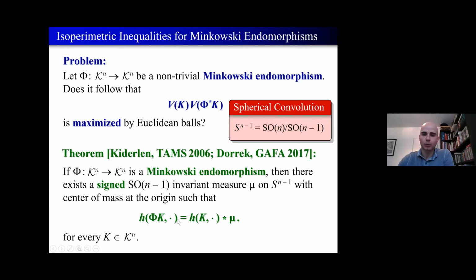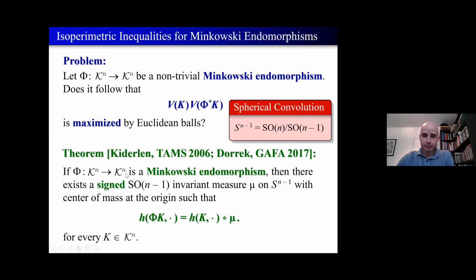Here the support function is considered as a function on the sphere. And this spherical convolution is induced from the Lie group SO(n), where you have a very natural convolution of functions. I don't want to go into the details here. Let's just say there's a natural convolution of functions on the sphere, and this is used here.